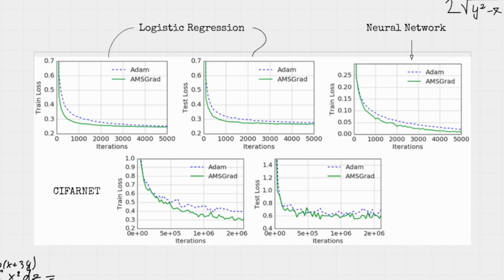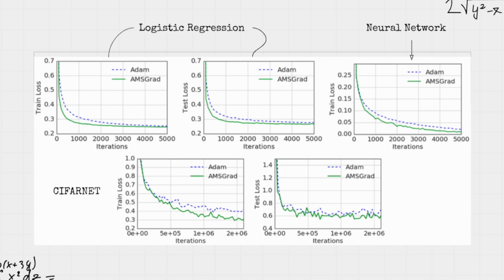And AMSGrad also demonstrated superior performance on logistic regression and a one hidden layer neural network. The MNIST dataset is used in the top row, classifying a 784 dimensional image vector into 10 categories. By setting beta 1 to 0.9 and beta 2 chosen from 0.99 and 0.999.